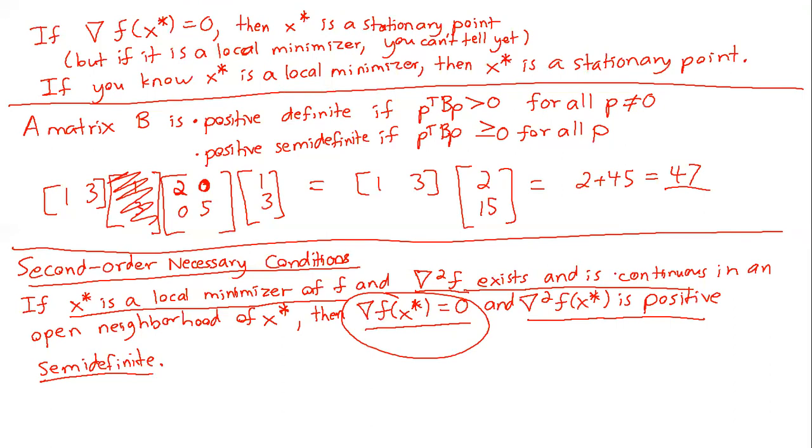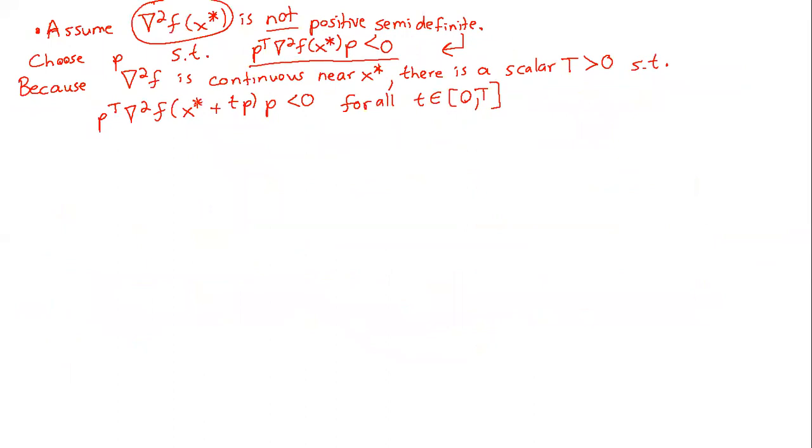But because it exists and is continuous, if del squared f is not positive semi-definite at some point, then you go slightly off that point, you should still have it so that this is still negative for a small amount off the original point.